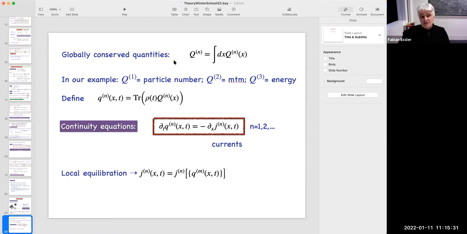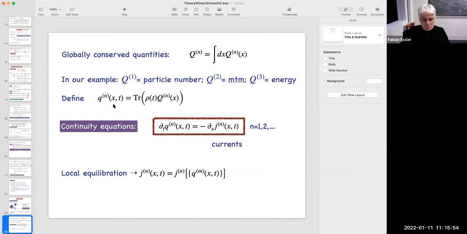And because they are conserved quantities, this gives rise to continuity equations. The time derivative of the expectation value of the density of the conserved quantity is minus the divergence of some current that carries this conserved quantity away from your patch.